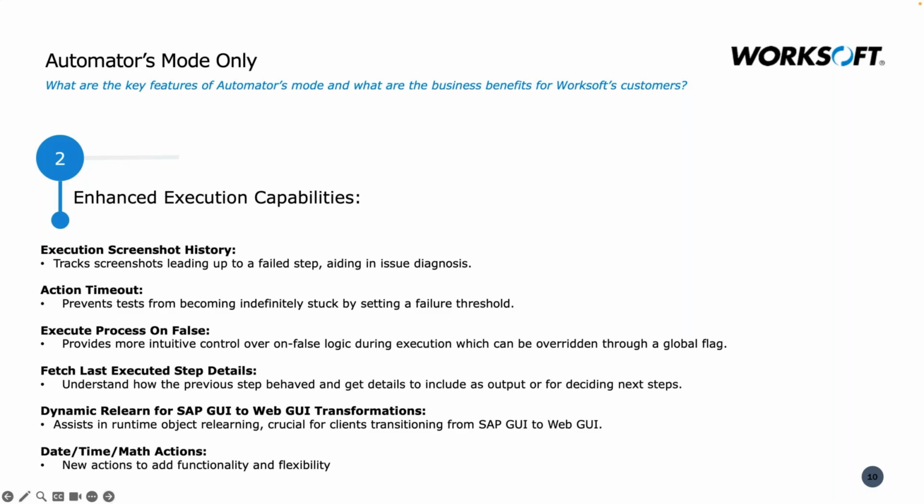But for those that really want to transition into a browser experience, we have capabilities that allow us to convert those SAP GUI tests into web GUI tests. And part of that leverages our dynamic relearn capability to make sure that the new web objects have robust attribute strings. And then finally, we added some additional features for date, time, and math operations just for increased functionality.